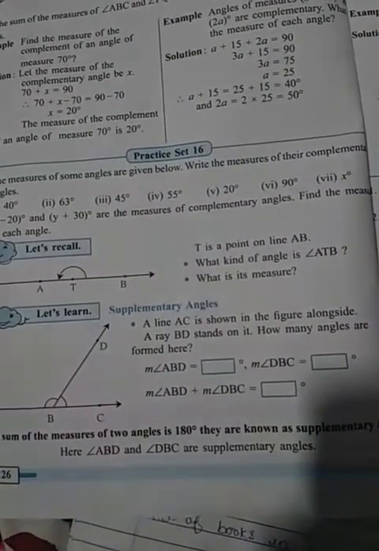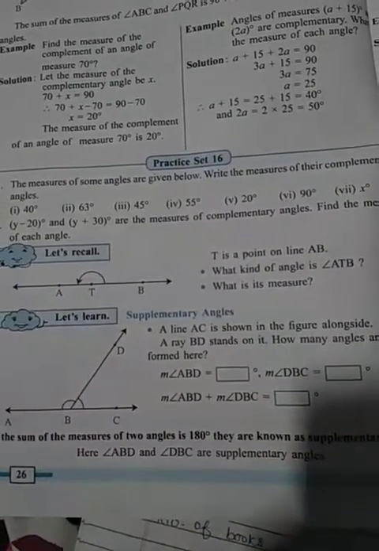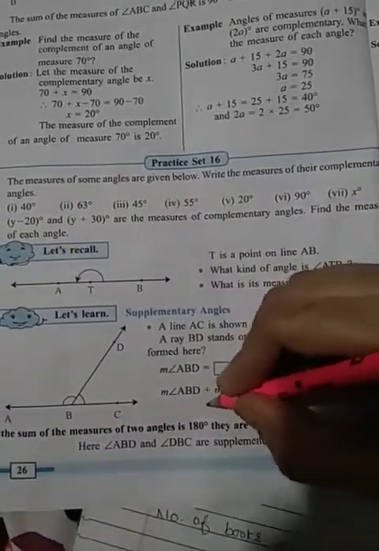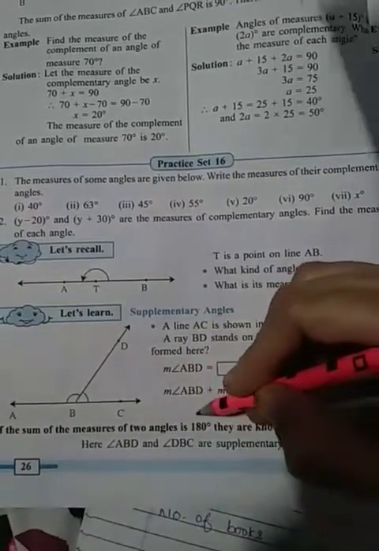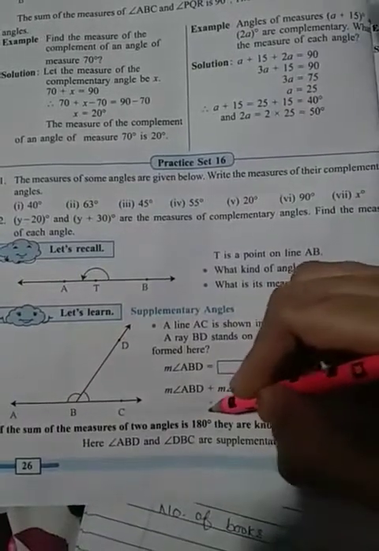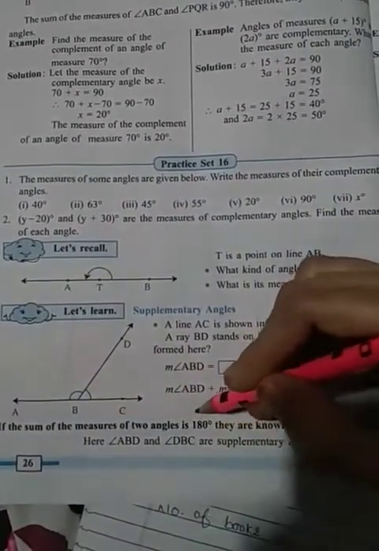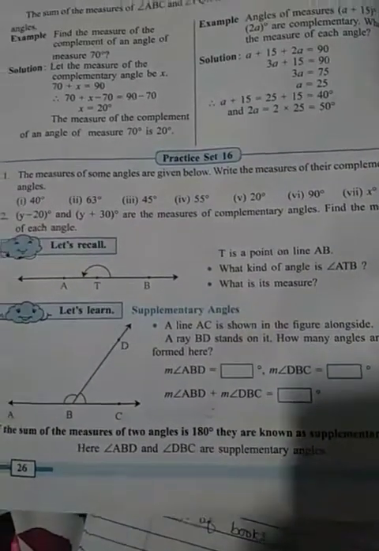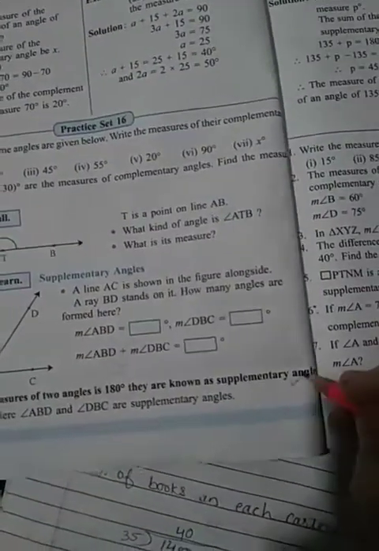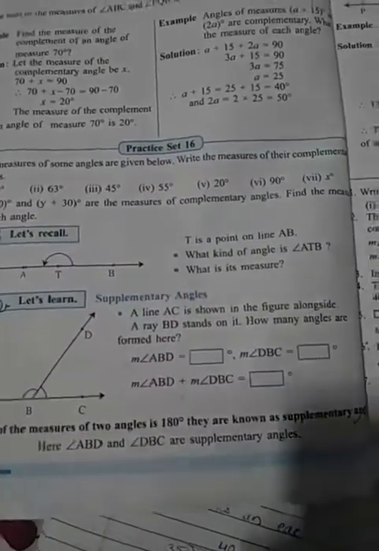Sum of the measure of two angles is 90 degrees, but in supplementary the sum of the measure is 180 degrees. Got it? दो एंगल का मेजर कितना होना चाहिए? 180. अगर 180 होगा तो वो सप्लीमेंट्री होगा. If the sum of the two measures is 90 degrees, that is known as complementary. So this is supplementary, 180 degrees. Write these points in your notebook. These are very, very important points.